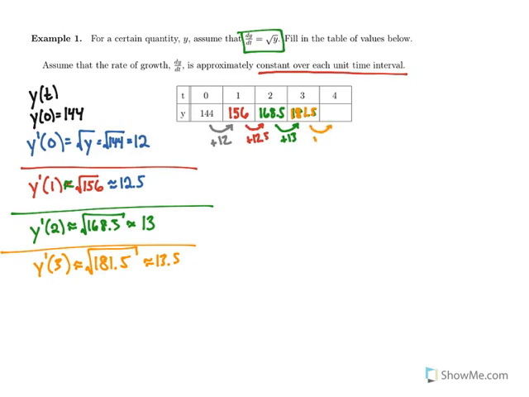So to get to our next value here, we're adding 13.5, and that'll give us 195. So at each point in time, we are taking the derivative given by square root of y, and we're using that to find the next value.